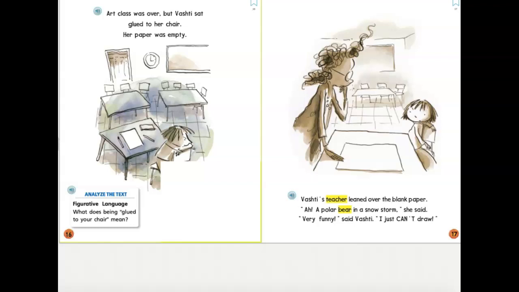Vashti's teacher leaned over the blank paper. "Ah, a polar bear in a snowstorm," she said. "Very funny," said Vashti. "I just can't draw." What is Vashti's problem?